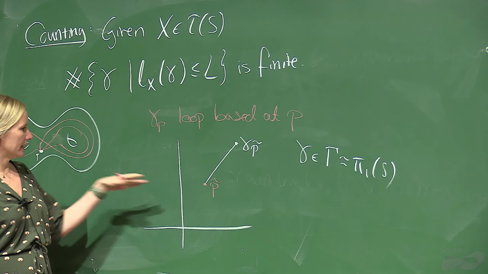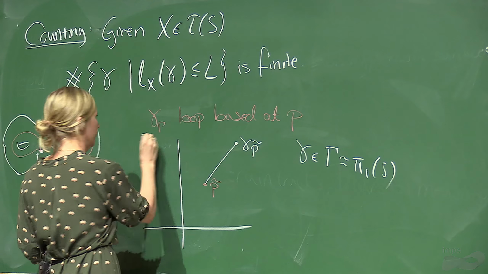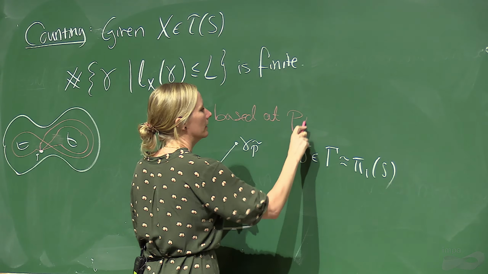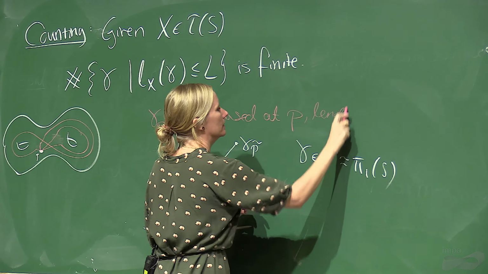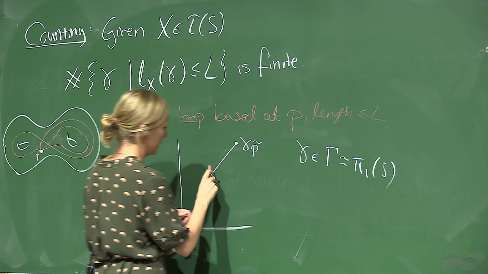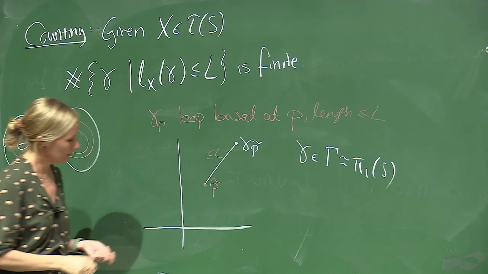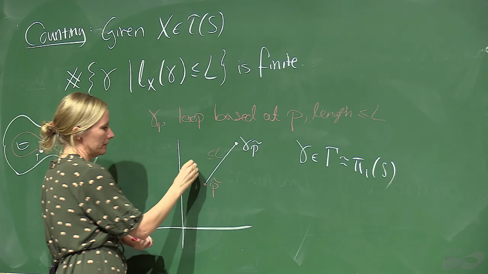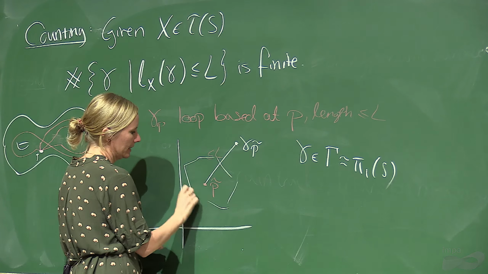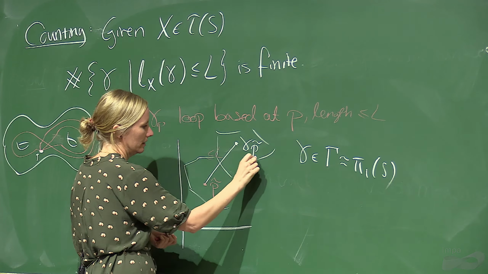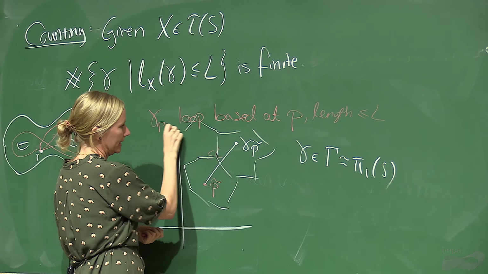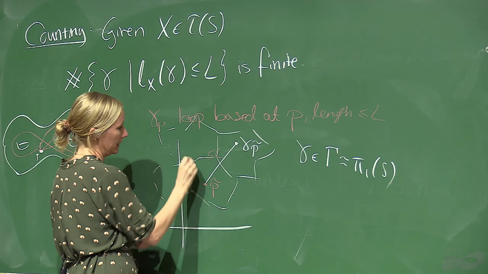Right, so every loop based at p corresponds to this, and if that loop has length at most L, then this has length at most L. And if we want to think about the fundamental domains, there's exactly one translate in each fundamental domain.